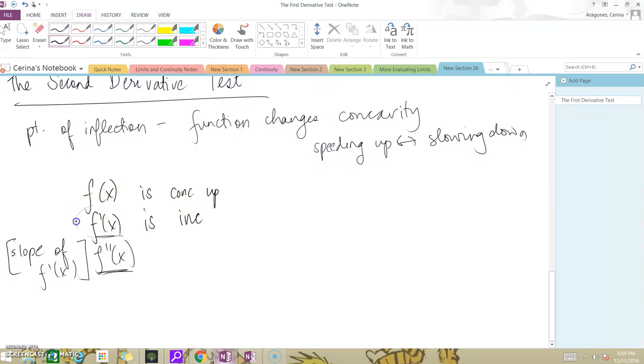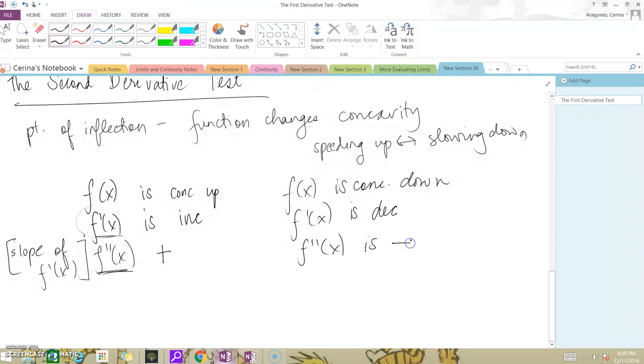So if f prime is increasing, its slope is positive. Similarly, when f of x is concave down, f prime of x is decreasing, and f double prime is negative. So you can use this to figure out when you have a point of inflection.